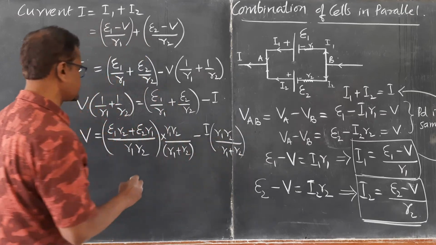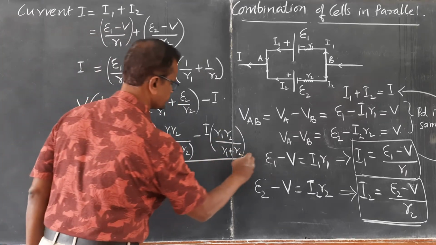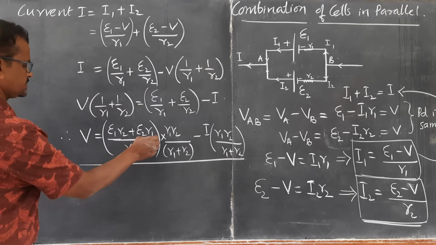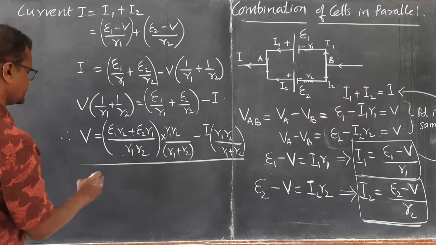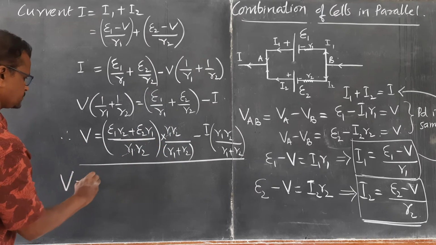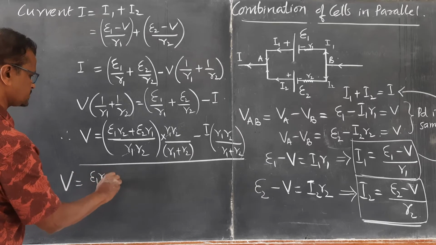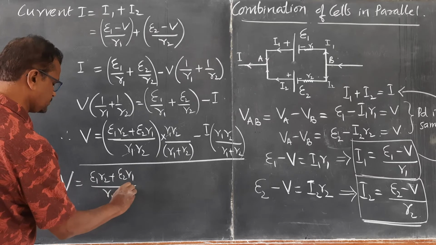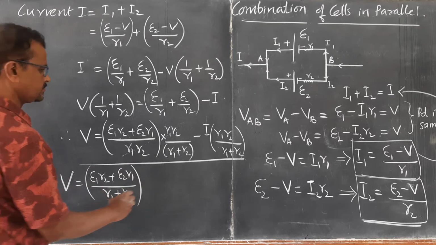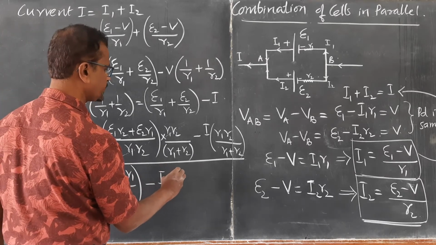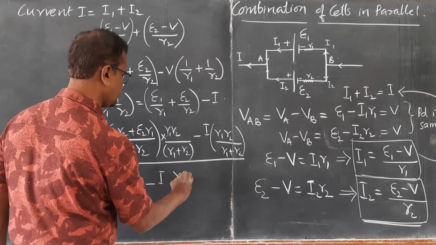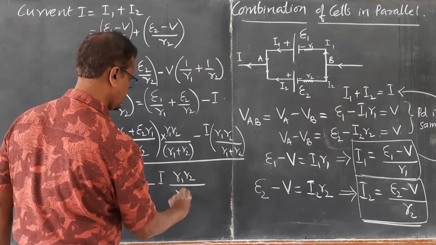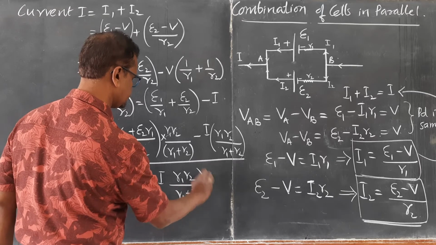So this is an interesting equation. If you cancel this, you are getting total V is equal to E1 R2 plus E2 R1 divided by R1 plus R2, minus I into bracket R1 R2 divided by R1 plus R2.